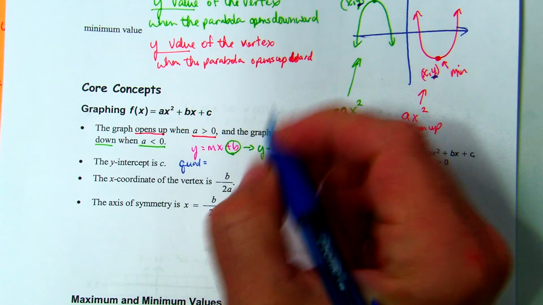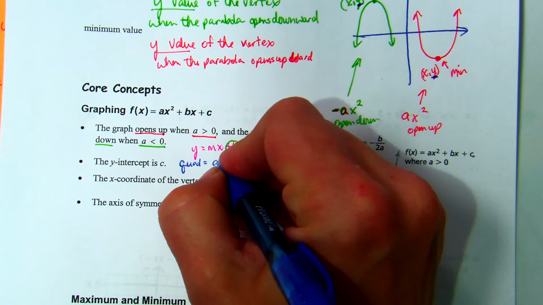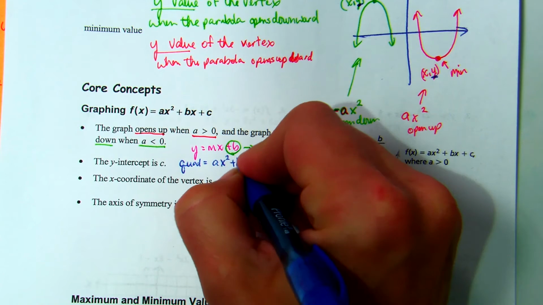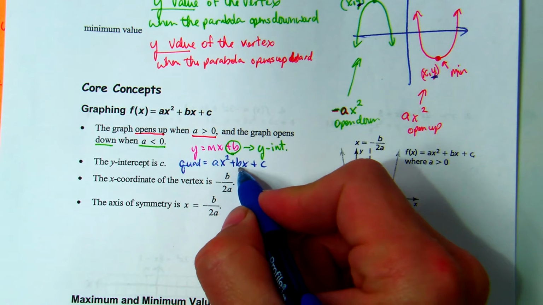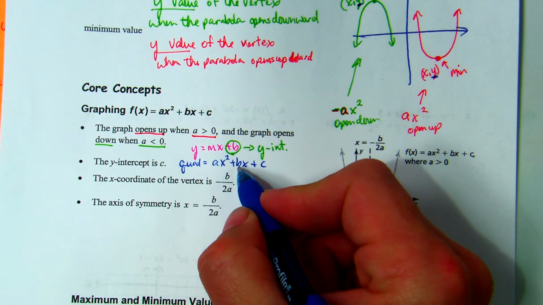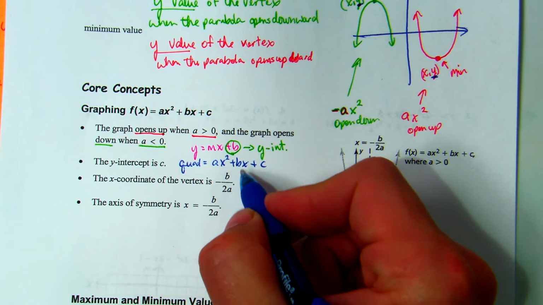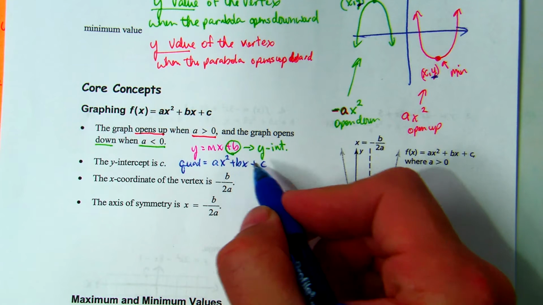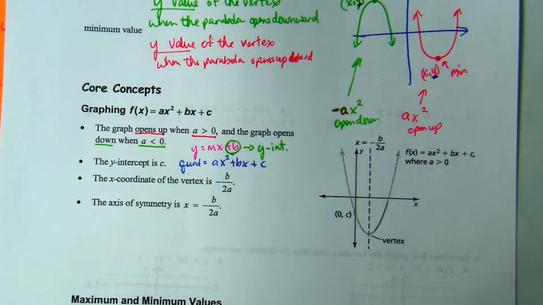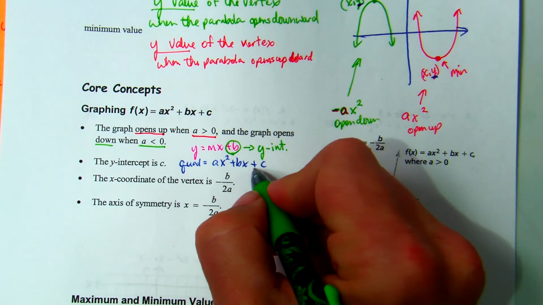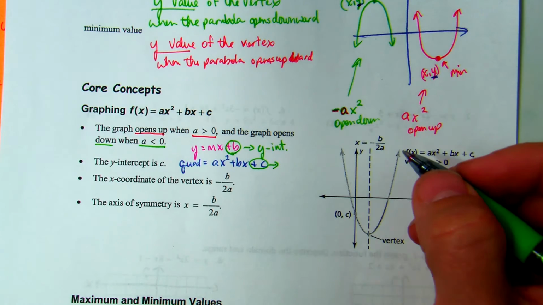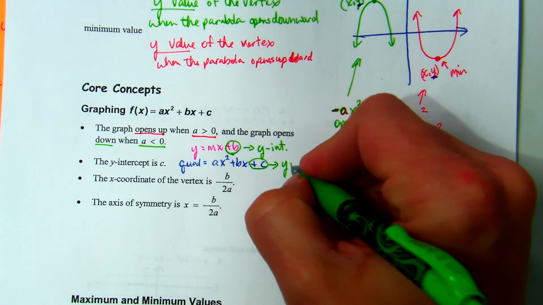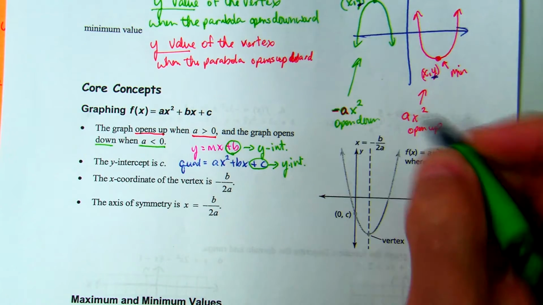When we're dealing with quadratics, a quadratic is going to be ax squared plus bx plus c. Because we had to add another term here with another x term, it took the place of the b. So c is now the constant that sits out on the end. But the cool thing about that c is it's still the y-intercept of the graph.